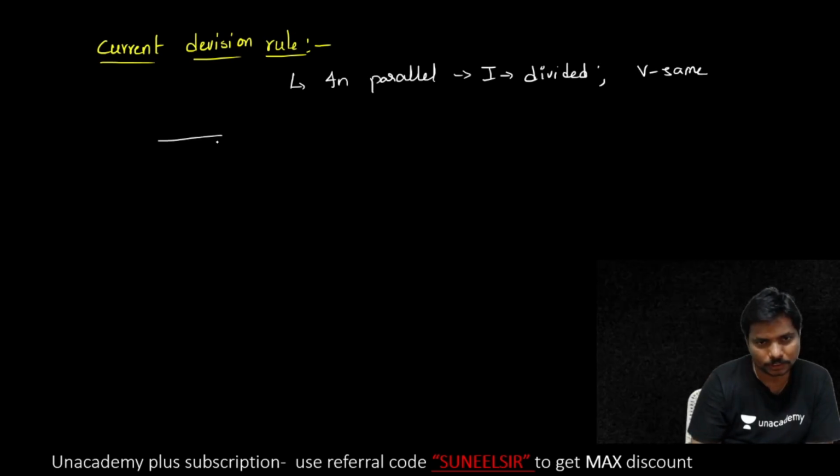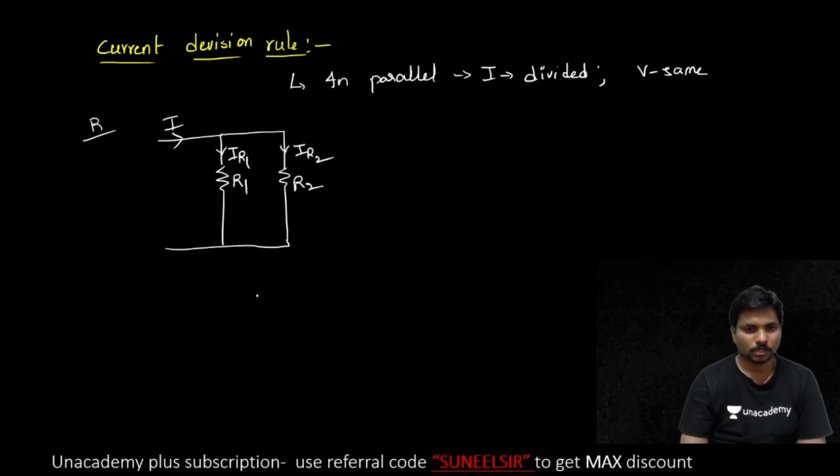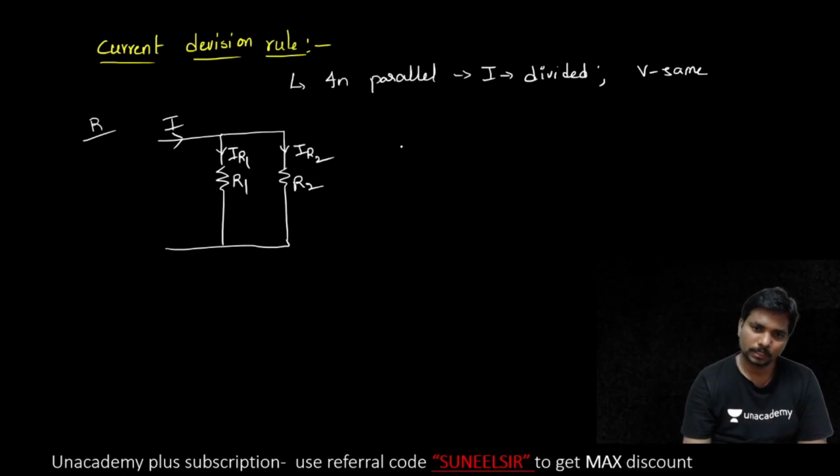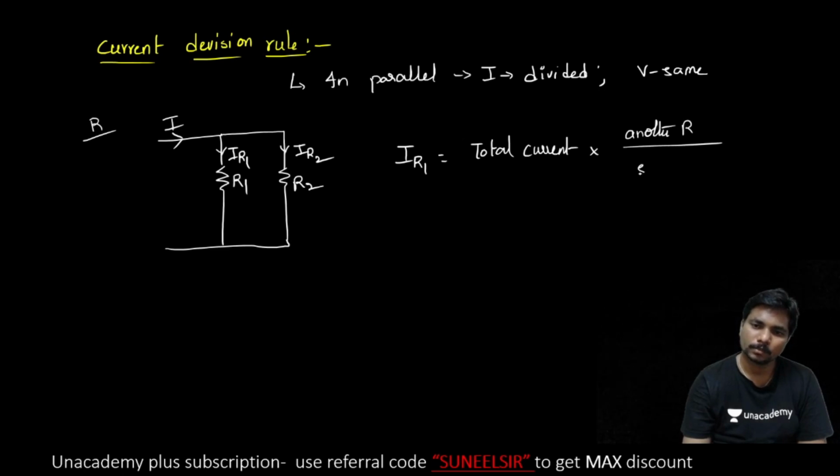If we have two resistors connected in parallel, first of all I am giving the resistances R1, R2. If the total current is I, then it is IR1, it is IR2. Here the current through any one of the resistors is equal to the total current into the other resistor by the sum of resistances.